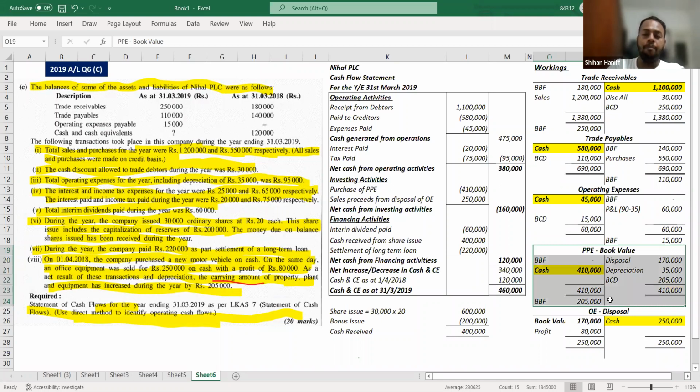So when you are preparing the PPE at carrying value, the current year depreciation will be credited into the PPE account. Even when you are transferring the disposal, we transfer the book value because the PPE account is maintained at the carrying amount after deducting the depreciation. So when you are doing the disposal, we don't need to show cost and depreciation separately. We take the net amount to the disposal account.